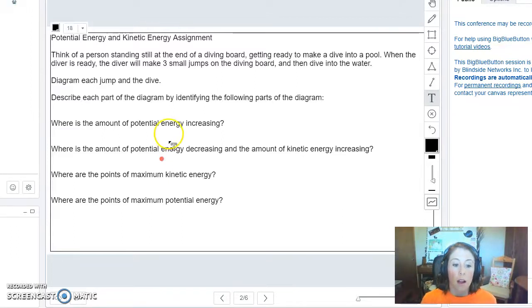The next question, where are the points of maximum kinetic energy? Kinetic energy, we're already moving, we have motion. Maximum kinetic energy is as we're coming down in our jump each time, our energy is increasing, or as we're descending into the water, that maximum point before we reach the water.